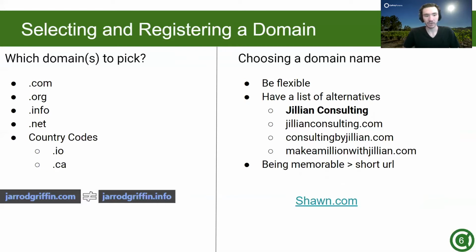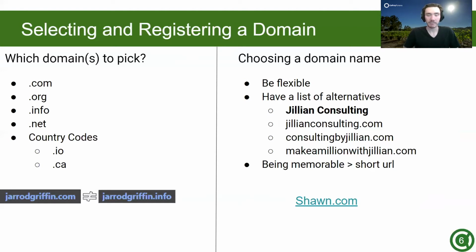And if you see below, jaredgriffin.com is not the same as jaredgriffin.info. So if you're purchasing or selecting domains, you want to buy as many domains as you can so that competitors don't try to pick them up and redirect to the competition's page.